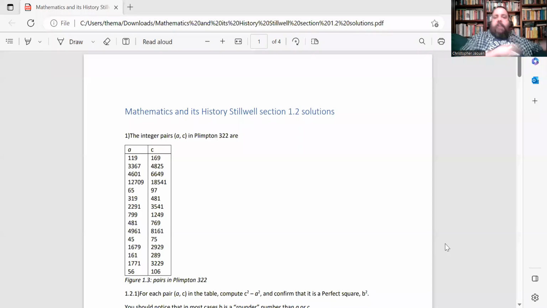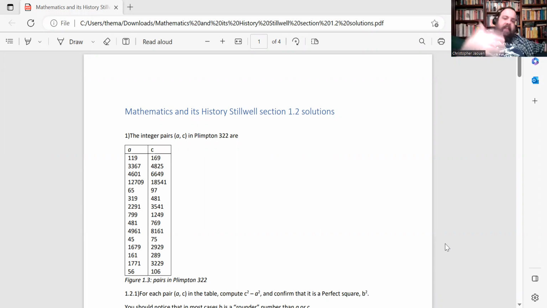So let me bring up my solutions first. Let me just say something about the format. I wrote up solutions for the entire chapter 1 in this book a long time ago, which is why you can see them written out here in a Word file.